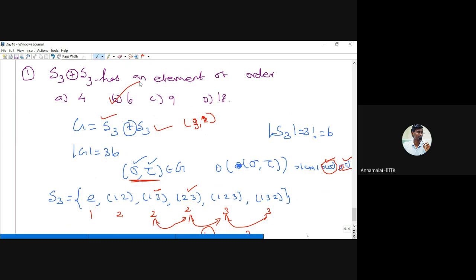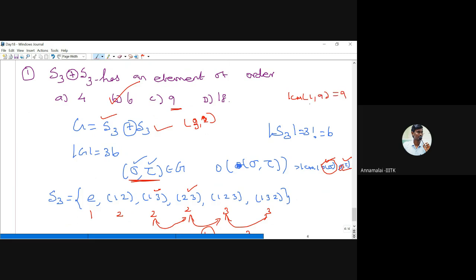There is no element of order 9. Suppose there is an element of order 9, what does that mean? The LCM of some two numbers should be 9. So when do we get an LCM of 9? Only when the numbers are 1 and 9. So the LCM of 1 and 9 is 9. That is the only possibility.